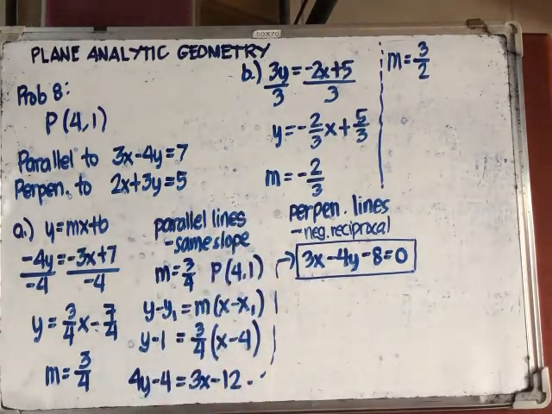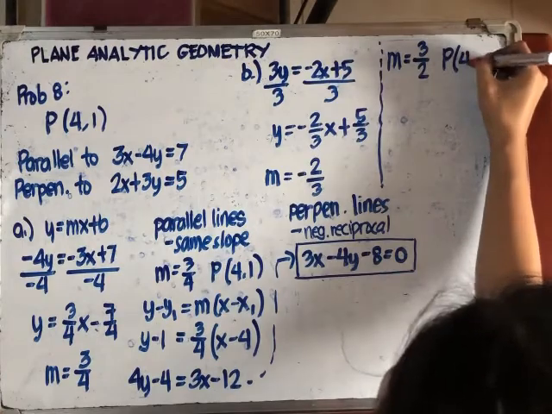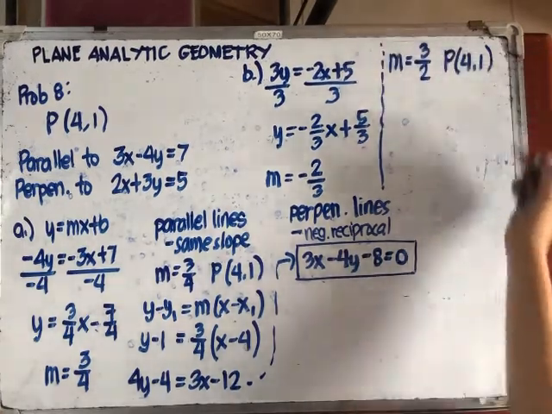So it becomes positive 3/2, and still it passes through point 4, 1.